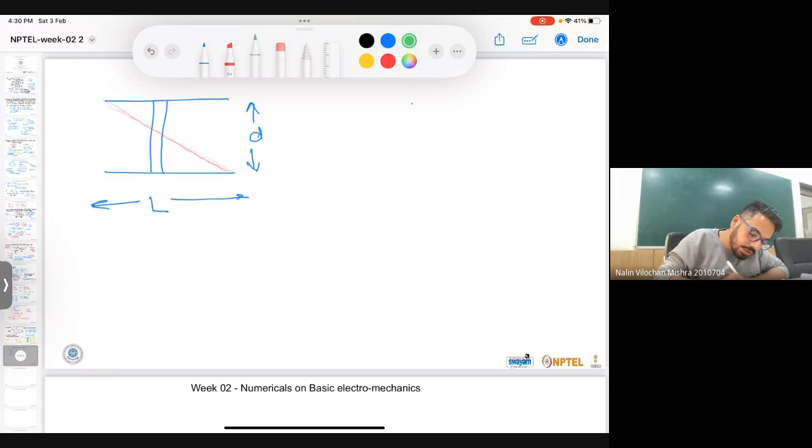Now we need to calculate this distance AB. AB by this small distance L minus x should be equal to d by this distance L. So AB can be written as L minus x by L times d.